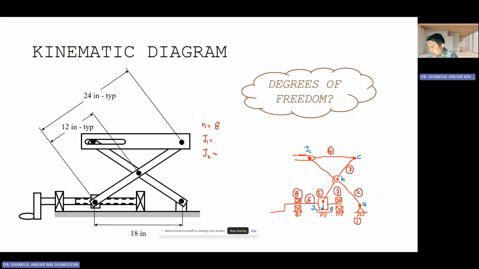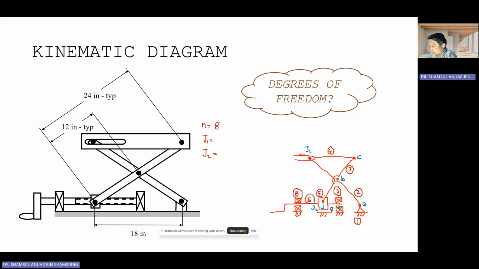There's also sliding, so that is J1. And then what else? Then between the screw and the bearing over here, we have one that is supporting it this way.